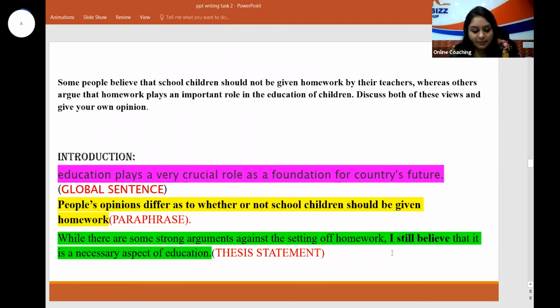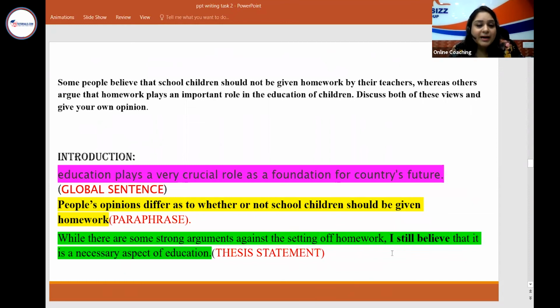Let's look at my essay, as I have given a clear-cut format for writing. First, I have covered the introduction according to my format that I have already given you: in the introduction you have to write a global sentence, a paraphrase, and a thesis statement. In the introduction, first we go with the global sentence.